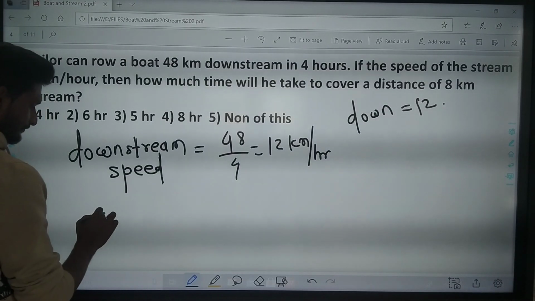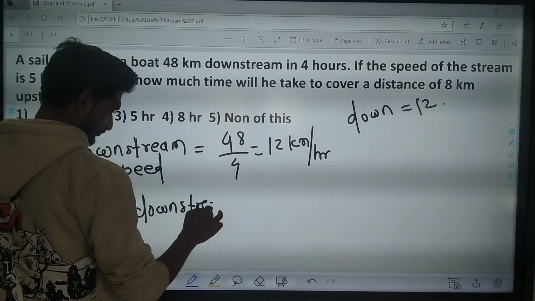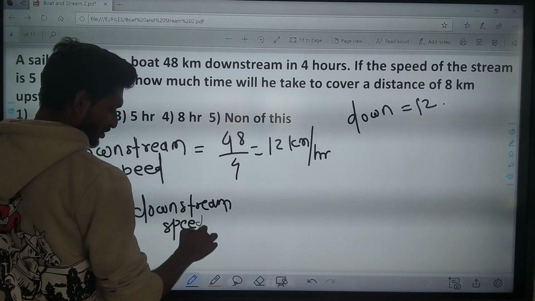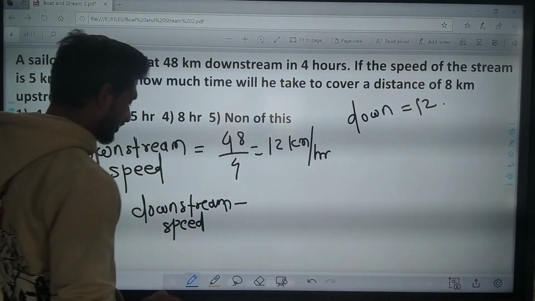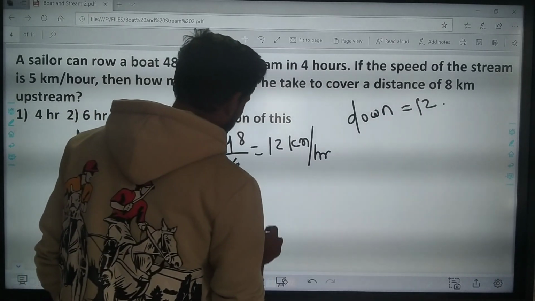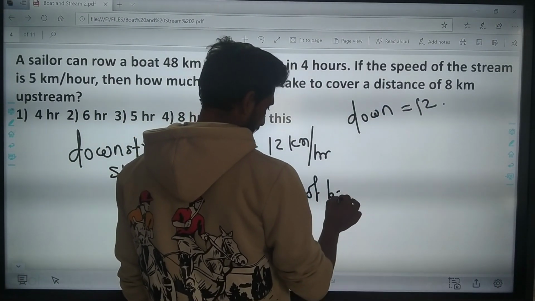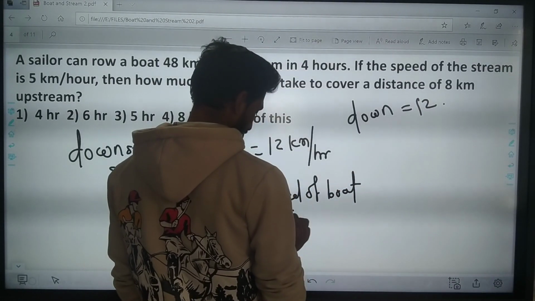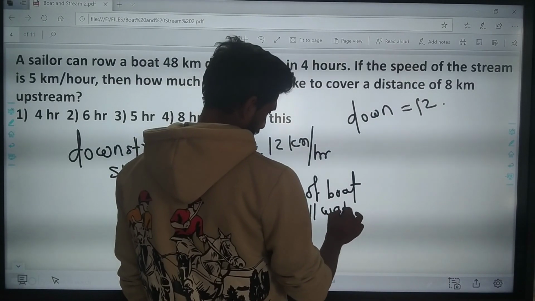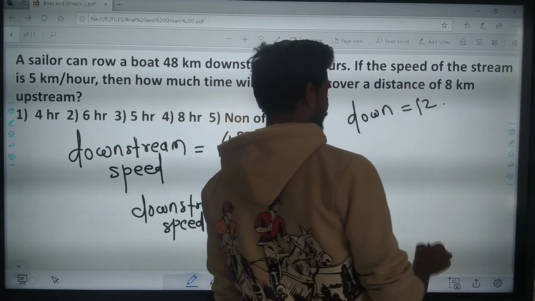Now here downstream speed, then speed of boat in still water, and here upstream speed.